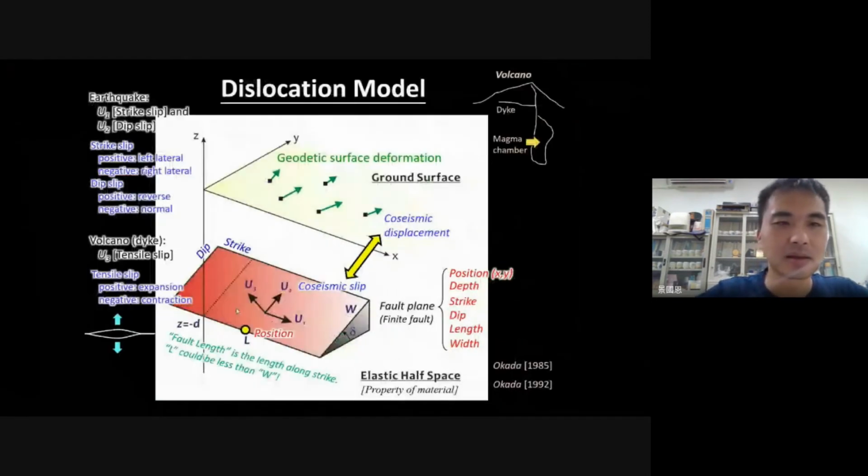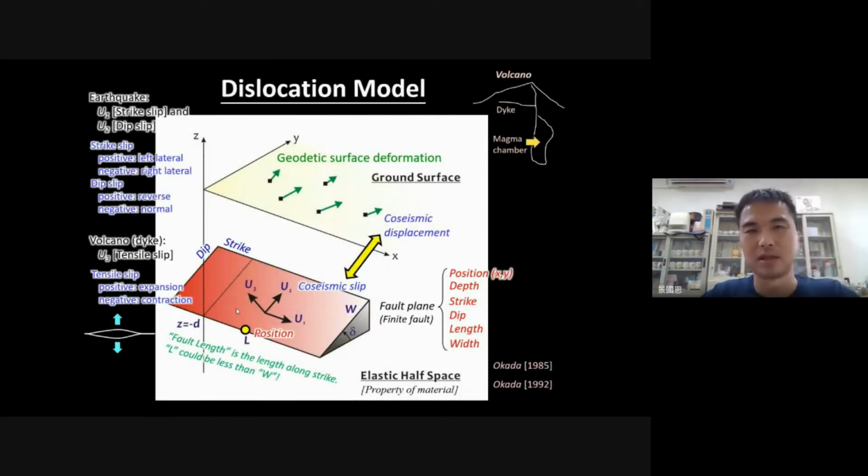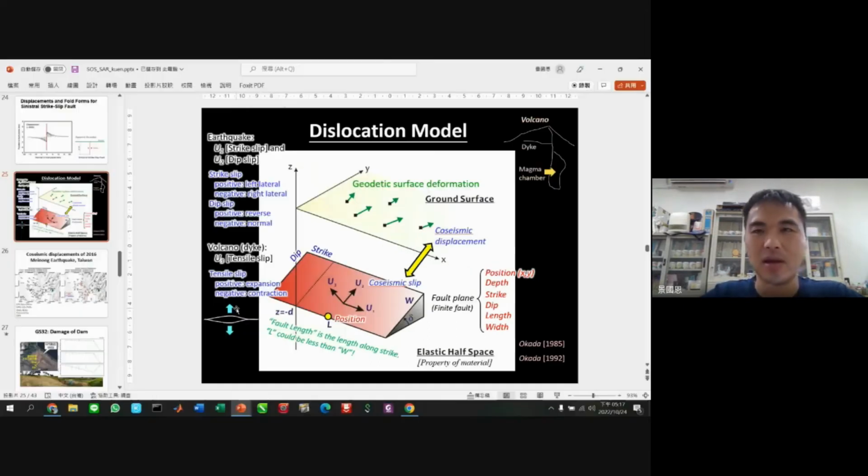Okay, and then we just come back to this dislocation model. So this part is very important. How do we get the information from the surface deformation to the mechanisms? We always need the model, numerical model.